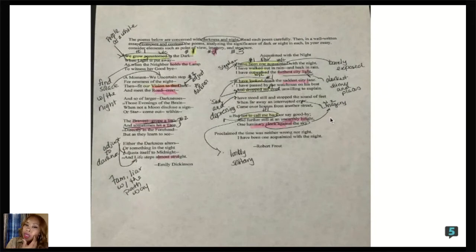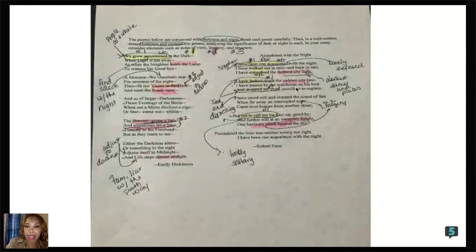So that supports that auditory imagery. So that's something that you can annotate. The reason I didn't highlight it is because it's in the same stanza and I didn't want to become confused. Okay, so look at the next line, far away and interrupted cry. If you think about that, that supports imagery as well.